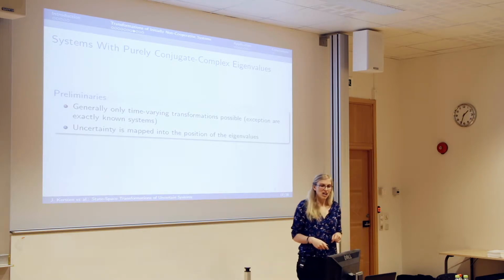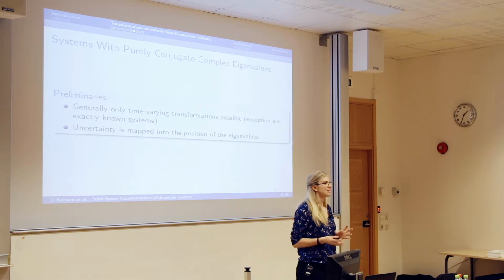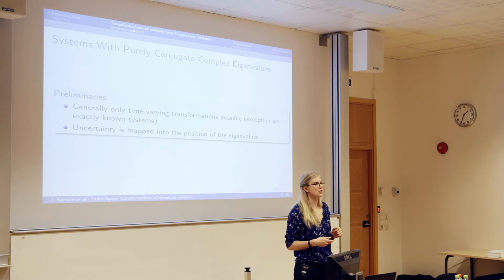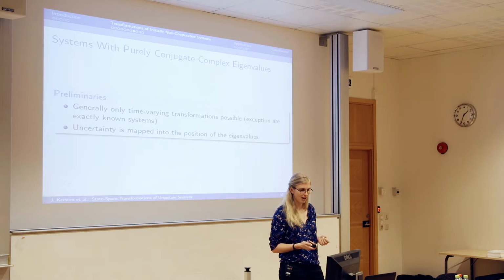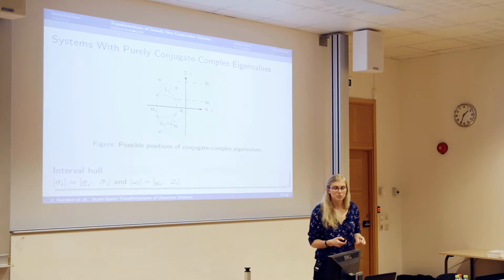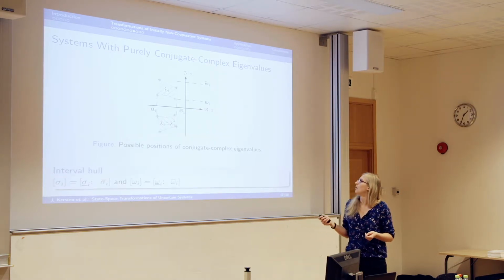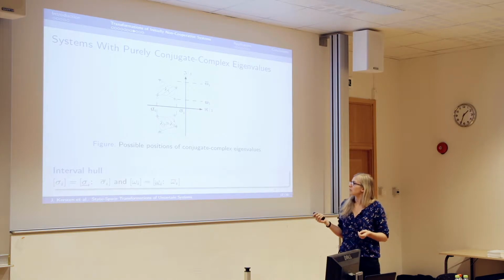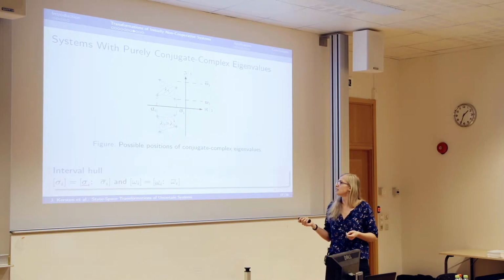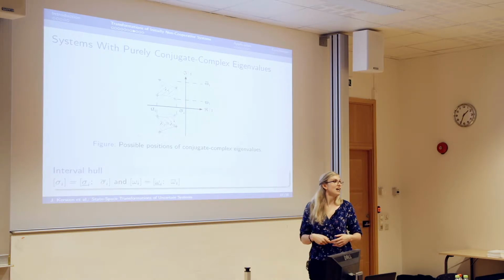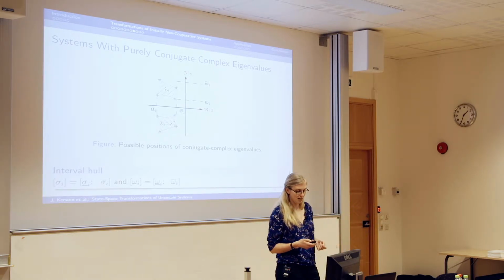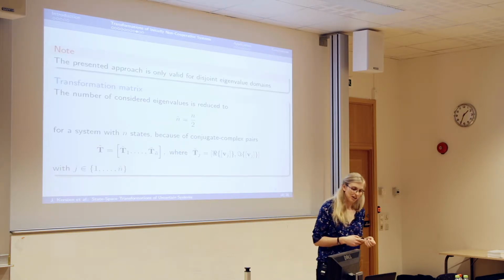implementation later. So with purely conjugate complex eigenvalues, the uncertainty itself is shifted into the positions of the eigenvalues. That means the eigenvalues themselves have a lower and upper bound of the real parts, as well as a lower and upper bound of the imaginary parts.